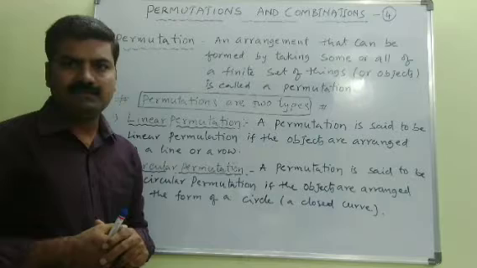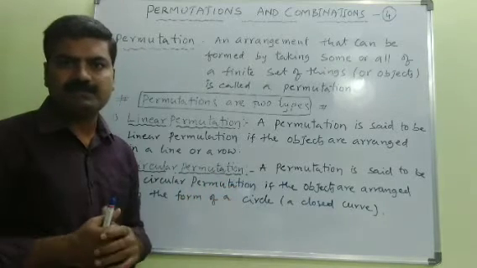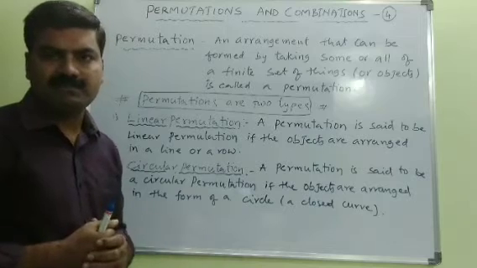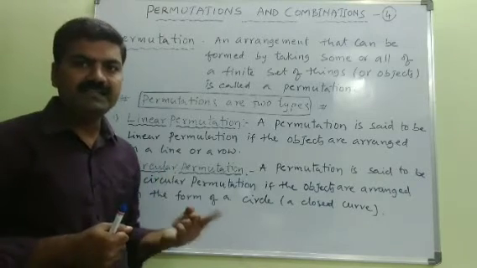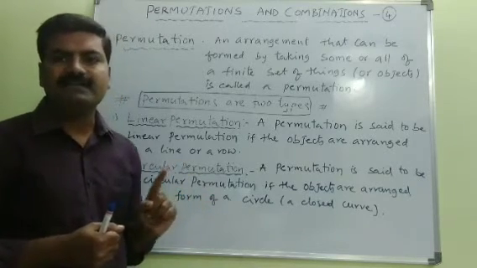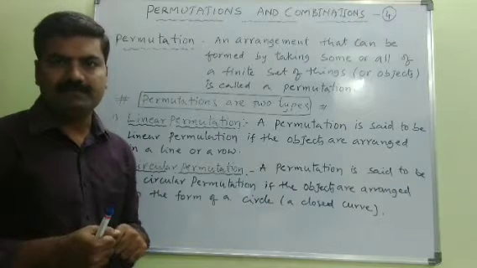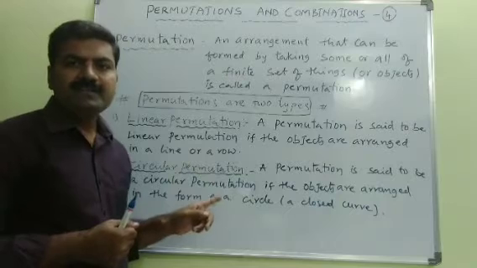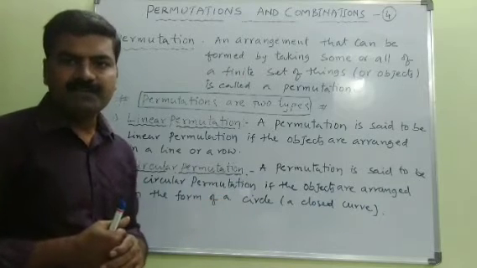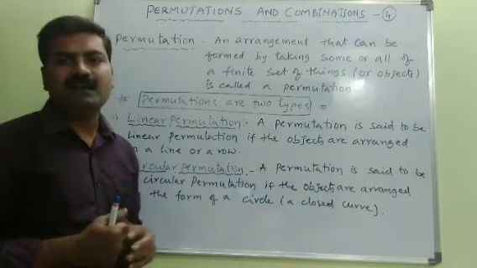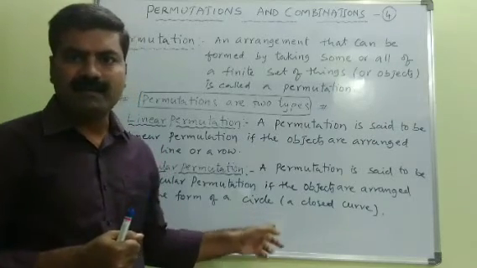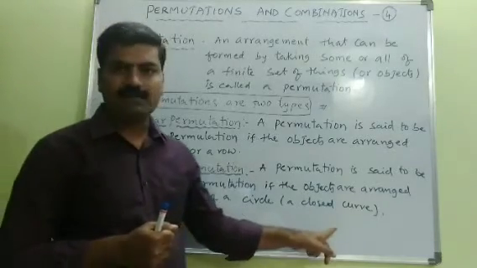So permutations are of two types: linear, if the objects are arranged in a line, in a row; and circular, if the objects are arranged in a circle, in a circular manner, in a closed curve.